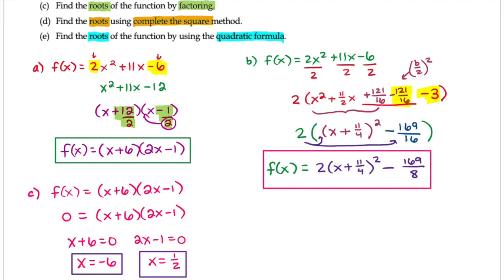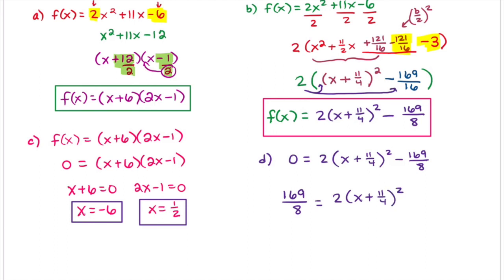Part D wants us to find the roots using the complete the square method. So for the complete the square method, we're actually going to that vertex form. So I'm going to work with that vertex form I have there right above. And instead of having f of x, I'm setting f of x equal to 0, just like I did with part C. I'm going to start by moving that fraction over.